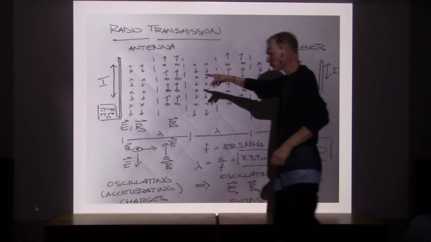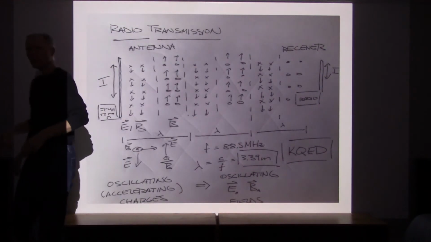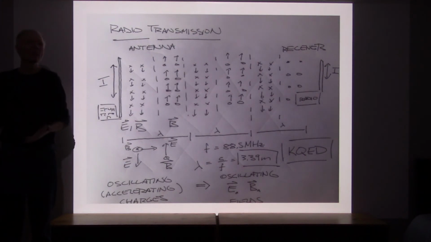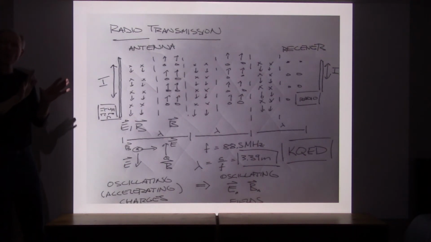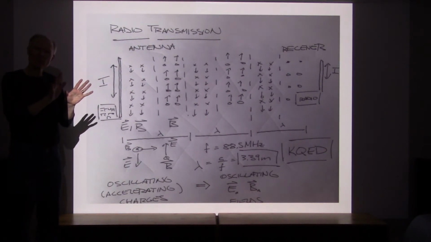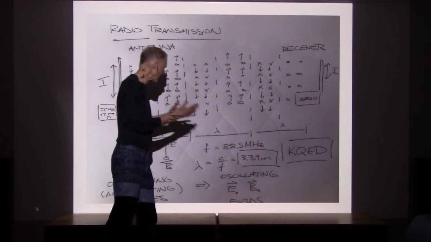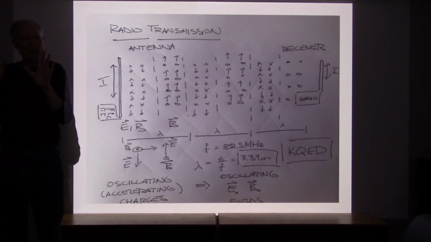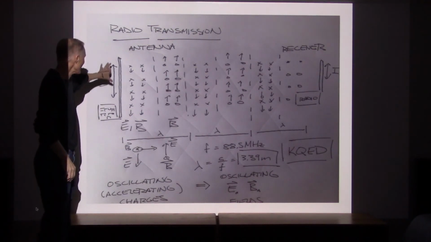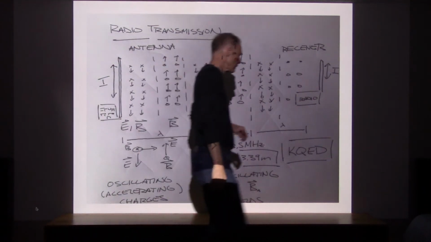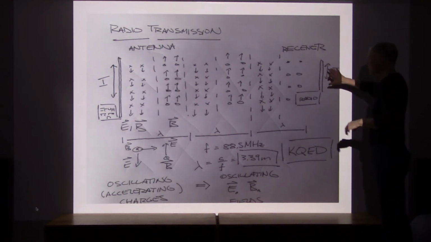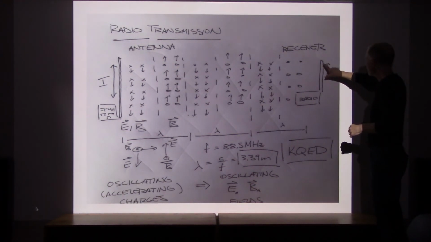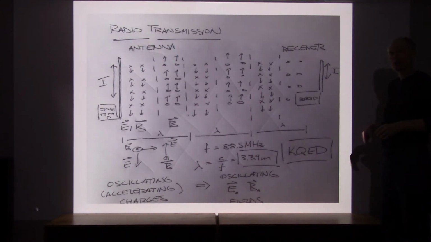Now for an FM radio station, FM stands for frequency modulation. The way they encode the information for an FM station is they vary the frequency a bit. The frequency doesn't stay right at exactly 88.5. The frequency gets a little faster or a little slower, and by varying the frequency of the radiation coming out of their antenna, that's going to set up that very exact same pattern in your FM radio.